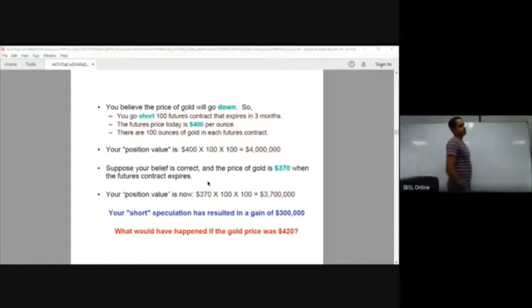You sell your vehicle for 1 million rupees and the price goes up to 2 million, you will make a gain or a loss.